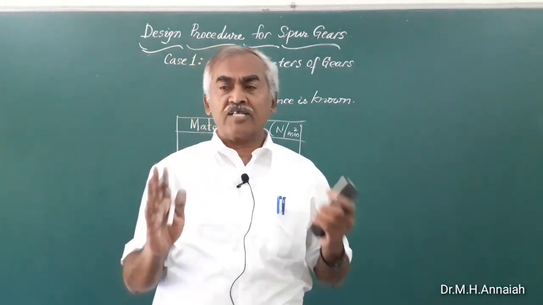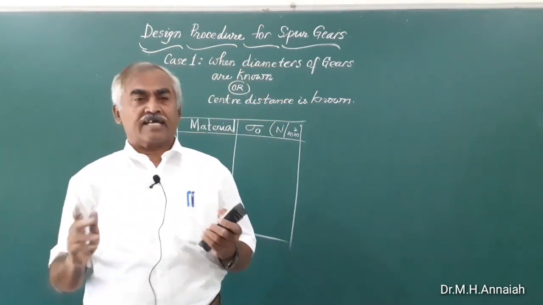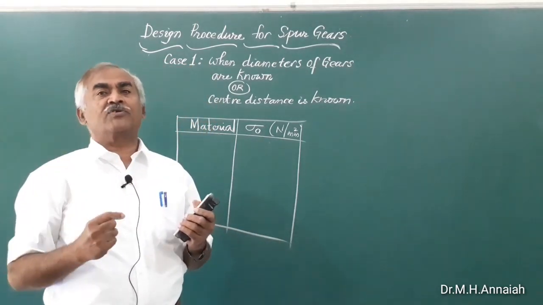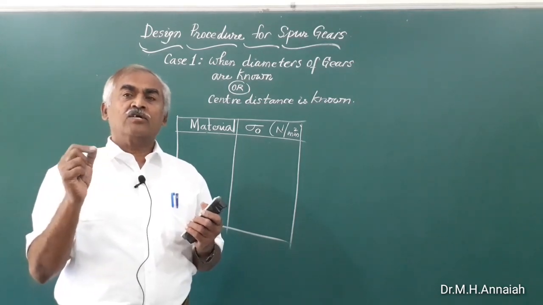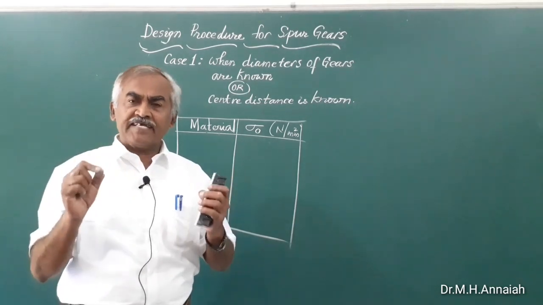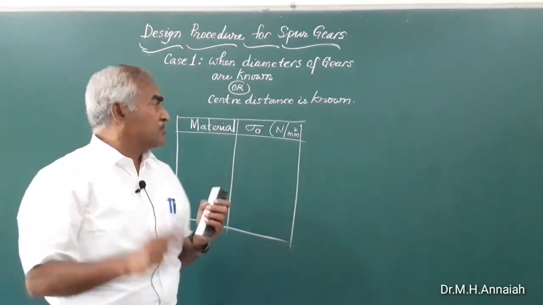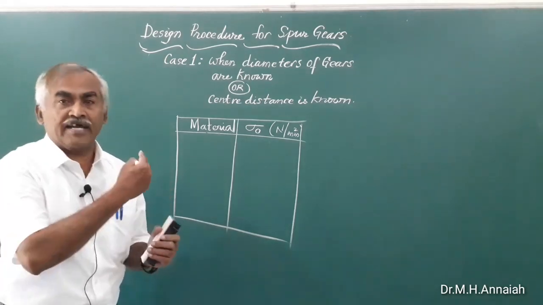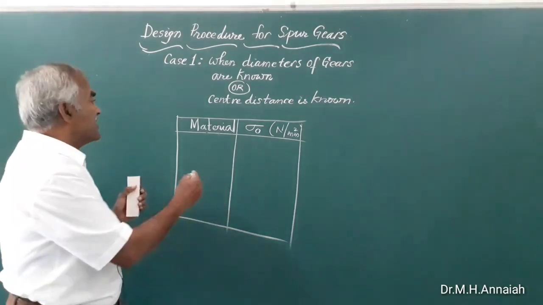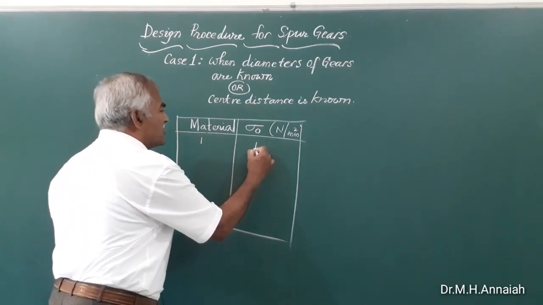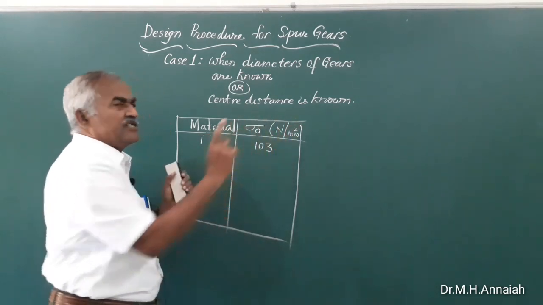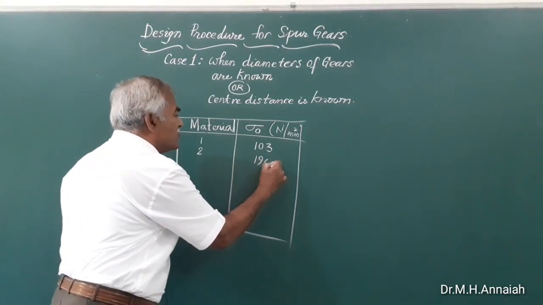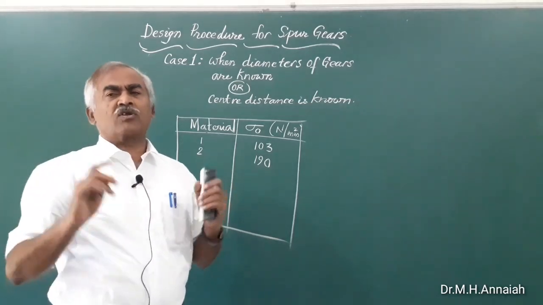But one thing is very sure, and that you should remember, that whenever the selection is made from the table and the choice is given to you, and if you are selecting two different materials, the material selected for the pinion should have higher value of sigma naught, the allowable static stress, compared to that of the gear. For example, say material 1 has got a sigma naught value of 103 Newton per mm square. There is another material 2 which has got 190 Newton per mm square as the sigma naught value.